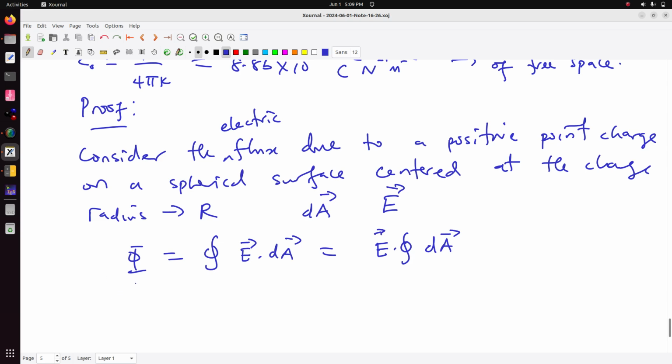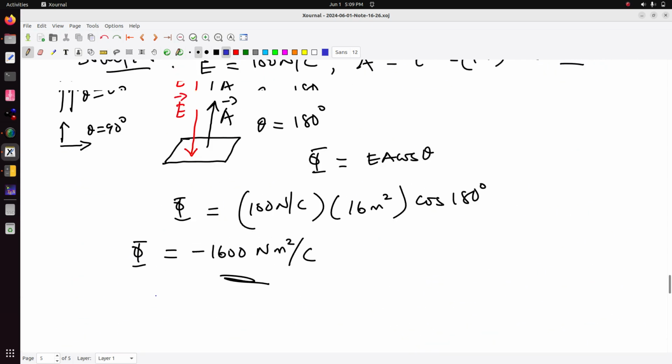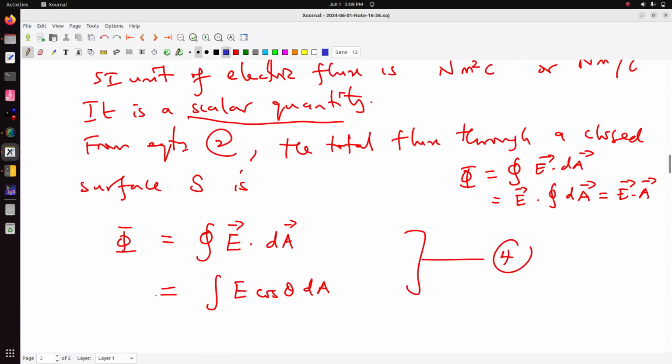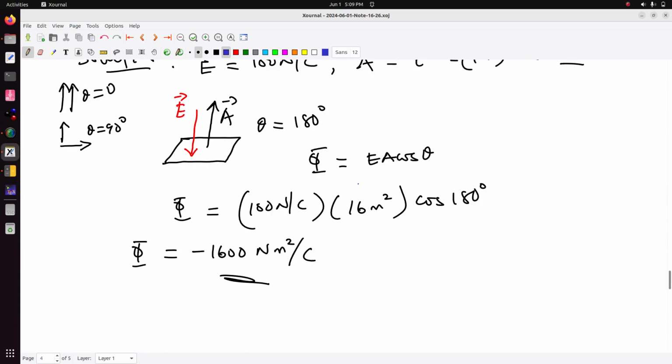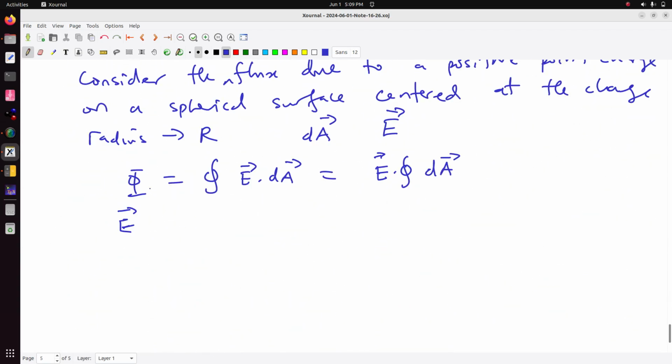From Coulomb's law, we have worked out the value of E. Let me check the equation number under electric field. Yes, the electric field is KQ over R squared. In this case the radius is capital letter R.